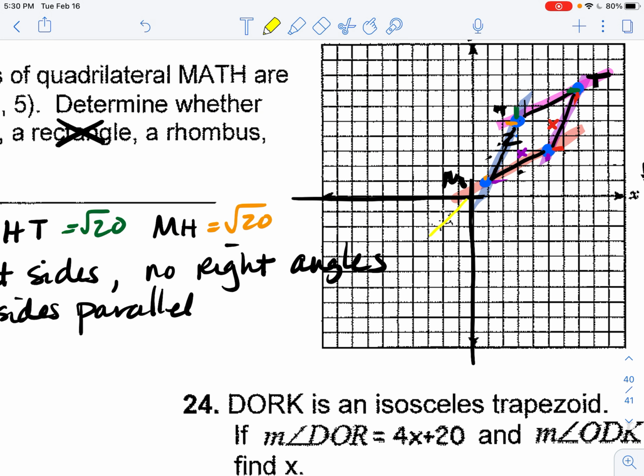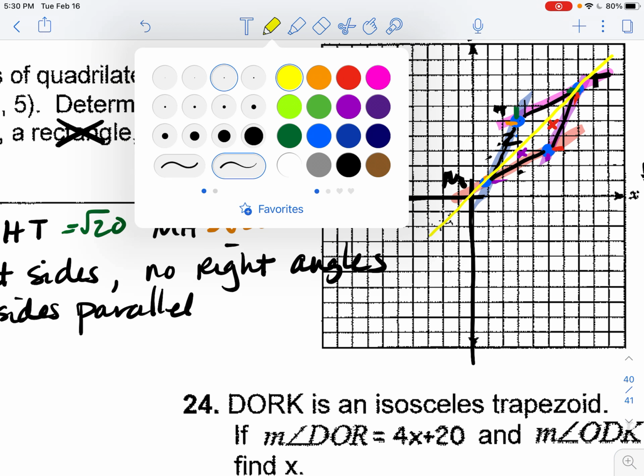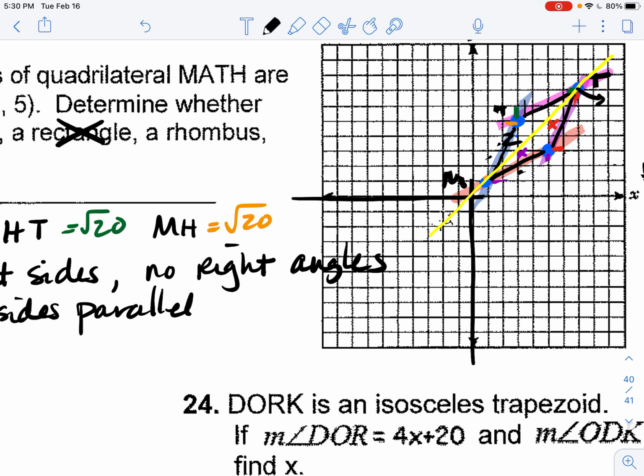So if I draw in a diagonal, I'll draw this in yellow, see if we can see that. This guy here, what is the slope of this line right here? So from this corner to this corner, we're going to be rising 1, 2, 3, 4, 5, 6, and we're running 1, 2, 3, 4, 5, 6. So the slope of this diagonal is 6 over 6, or 1.